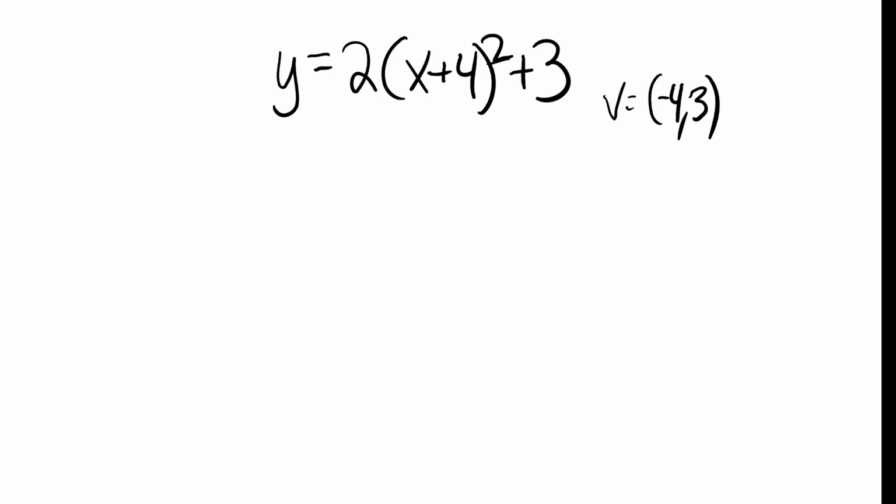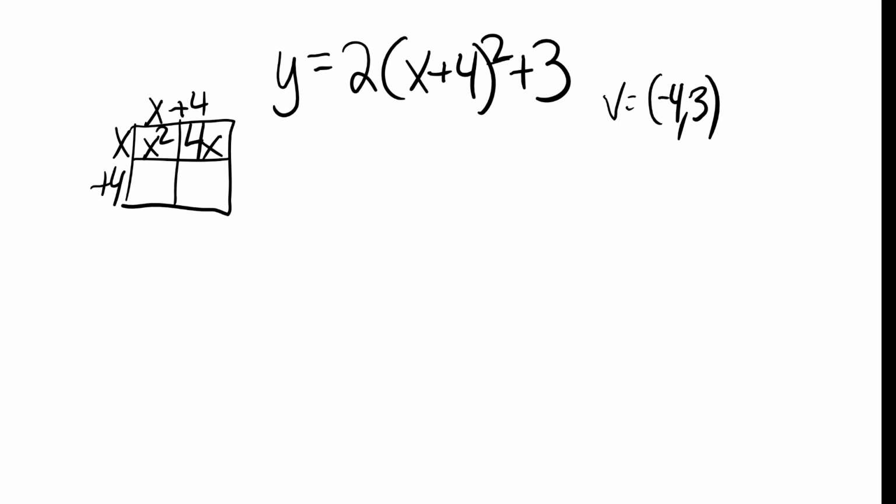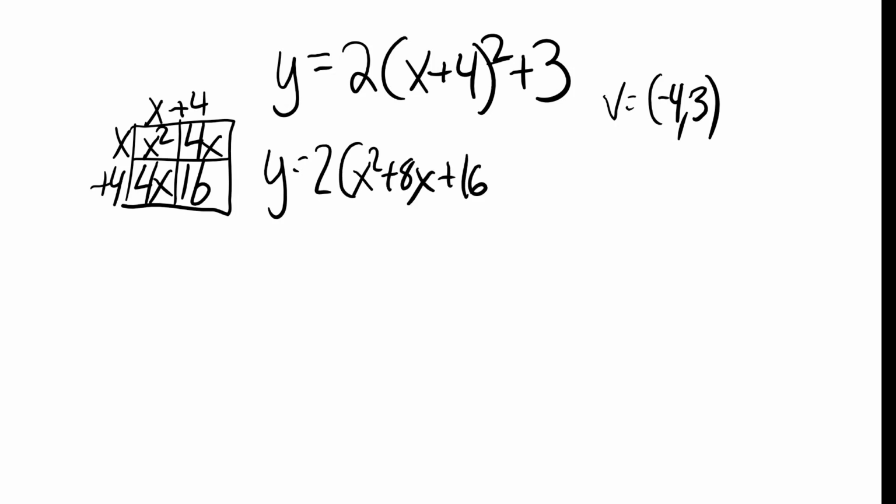So I actually have to do (x plus 4) squared, which, if you remember back to last unit, means I have to do a box or FOIL. If I do the box, I get y equals 2 times (x squared plus 8x plus 16) plus 3.